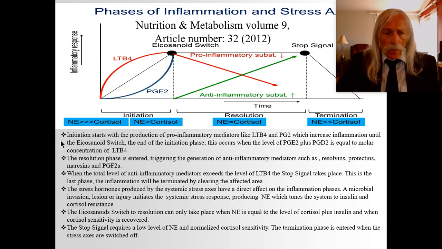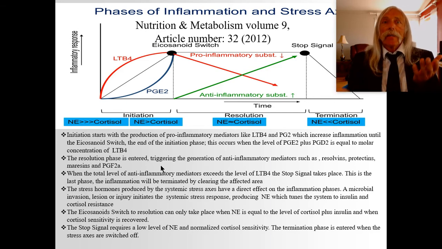Okay. So the resolution phase is entered, triggering the generation of anti-inflammatory mediators, and these include other oxygenated fatty acids known as resolvins and protectins and maresins, and the PGF2 alpha, okay? When the total level of anti-inflammatory mediators, like all those oxygenated fatty acids, because they have a yin and yang to them too.